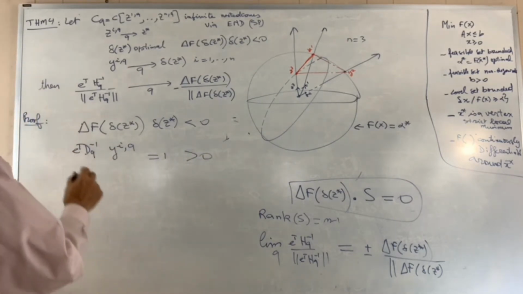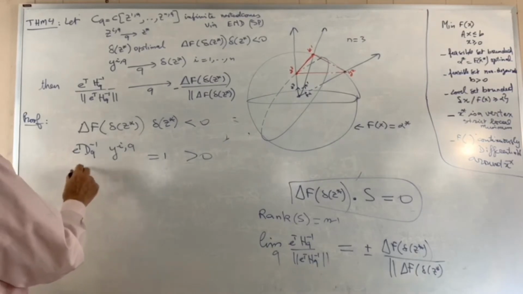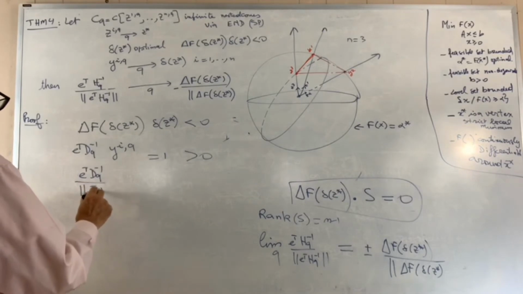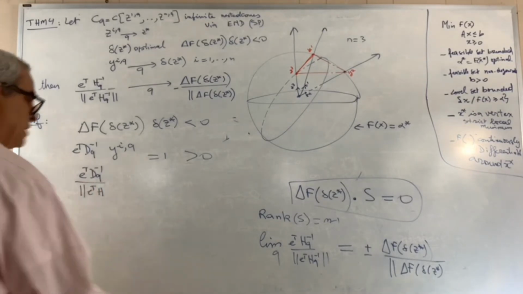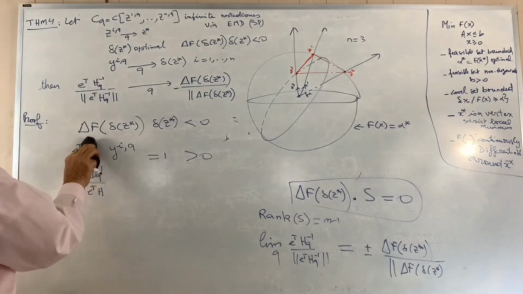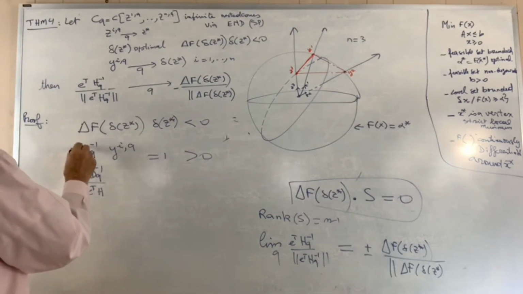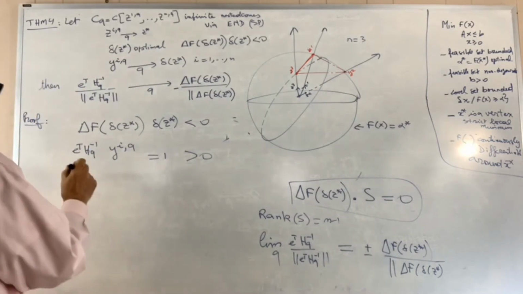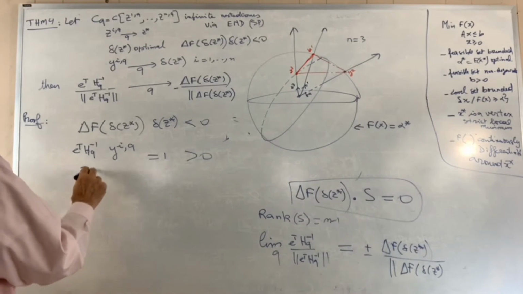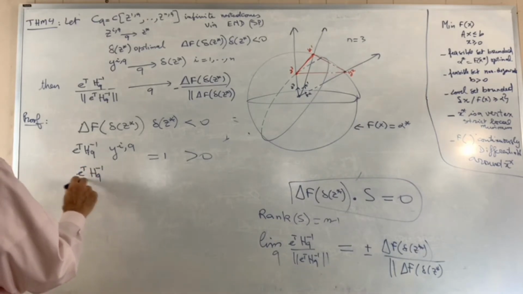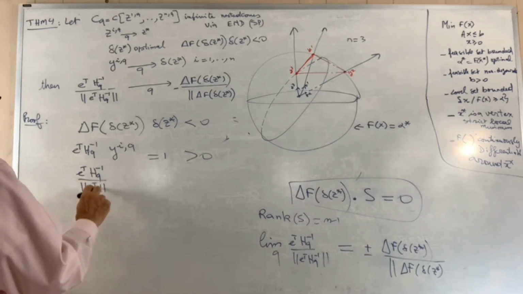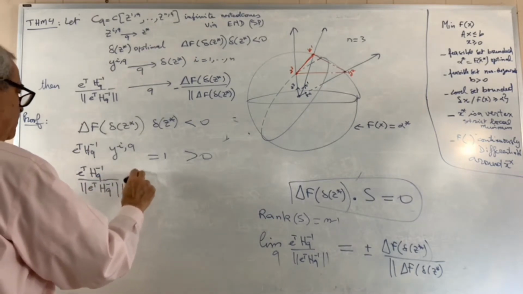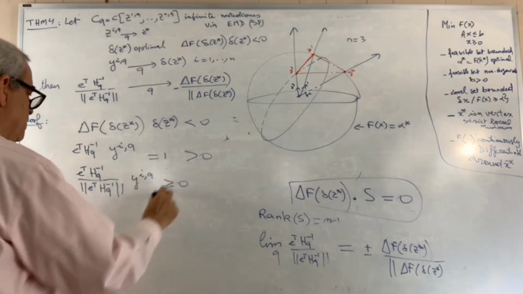So e transpose H_q minus 1 over its norm times y_iq is greater or equal to 0.